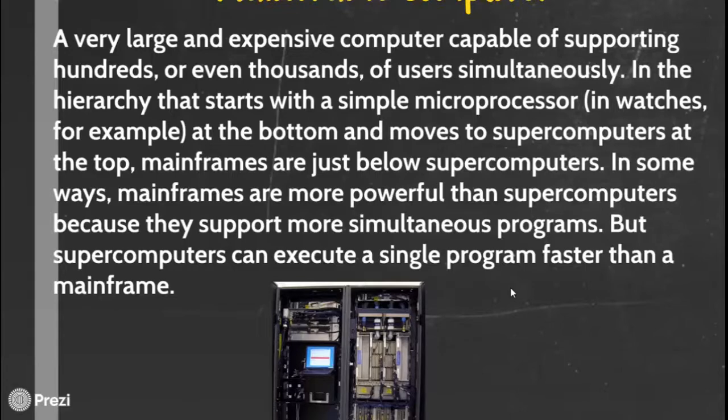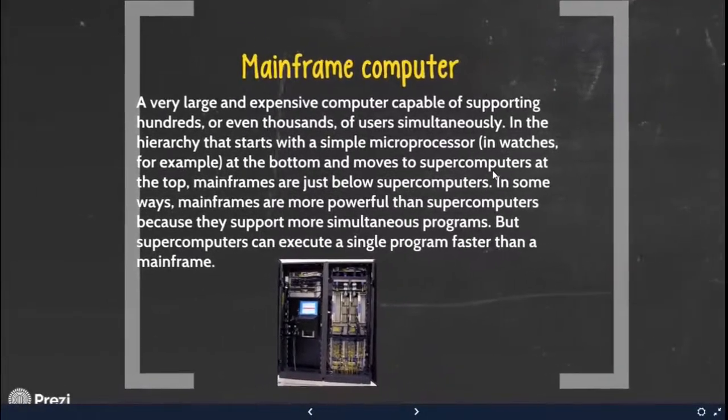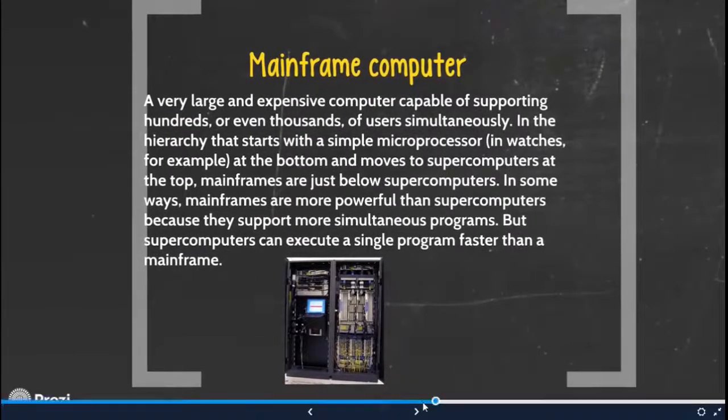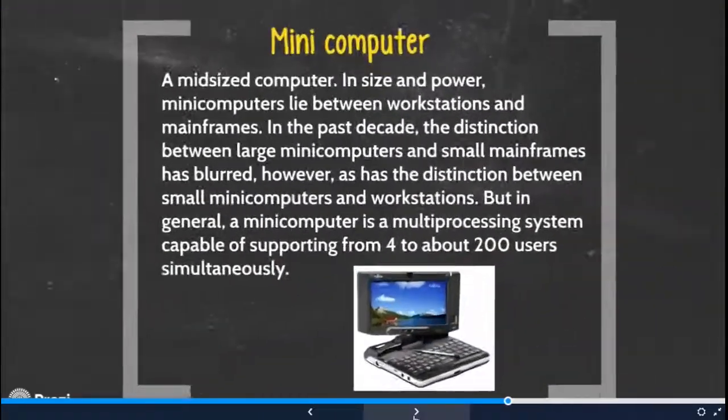But they are not exactly as fast as the supercomputers. So in rank, it starts with the supercomputers, when it comes to power and speed. Next to that is the mainframe, and so on and so forth.